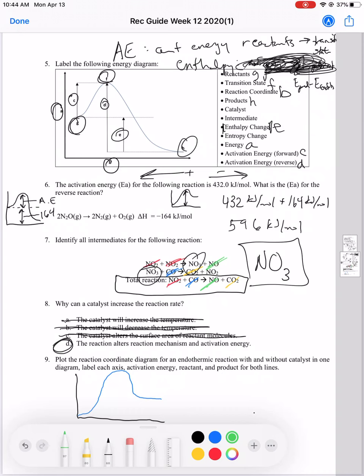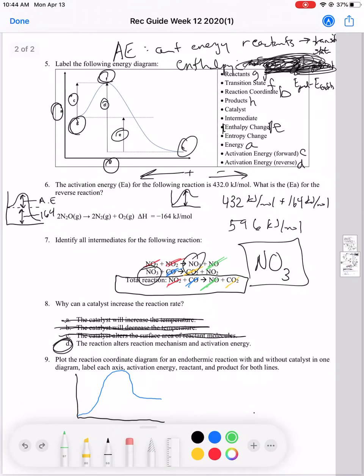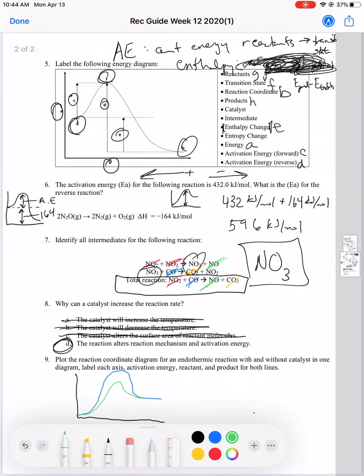Now, if we had a catalyst, remember a catalyst is going to lower the amount of activation energy needed. So again, they start off at the same point, but they're going to have a lower amount of activation energy.